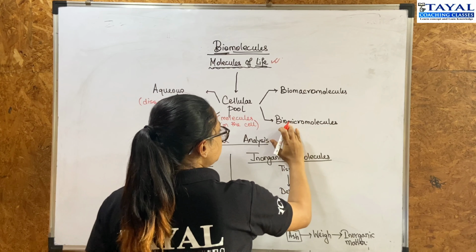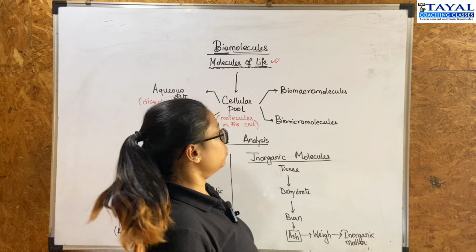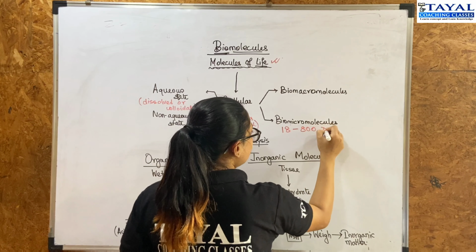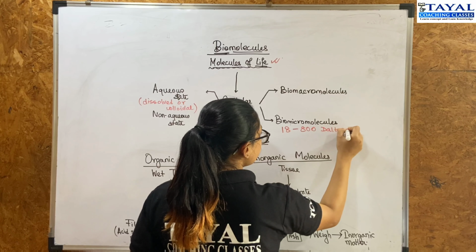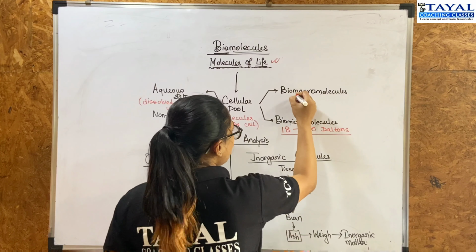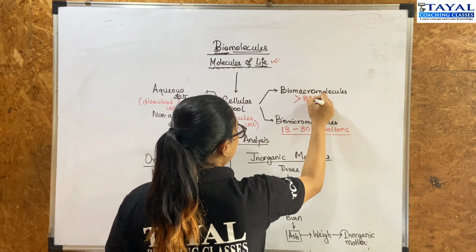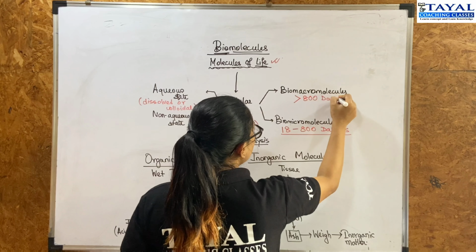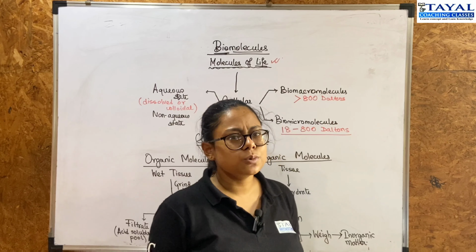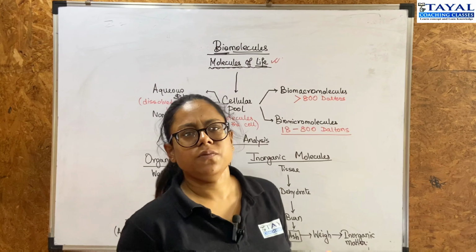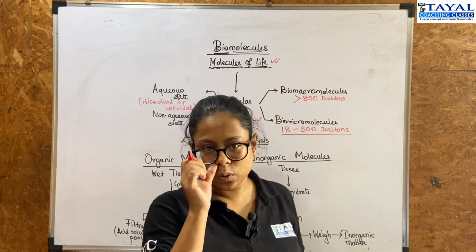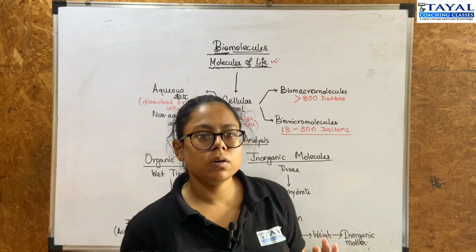Now, here any molecule which is within 18 to 800 Daltons would be called the biomicromolecules, and anything above 800 Daltons would be biomacromolecules. Sometimes in some books you would see this number to be 1000, so it varies, but yeah, roughly 800 to 1000 Daltons. Anything larger than that would be your biomacros, and anything smaller would be biomicros.